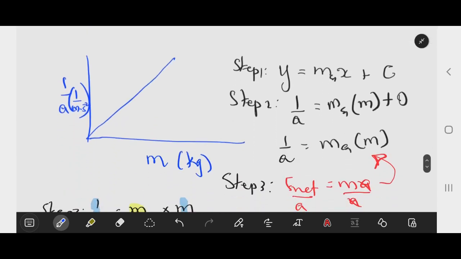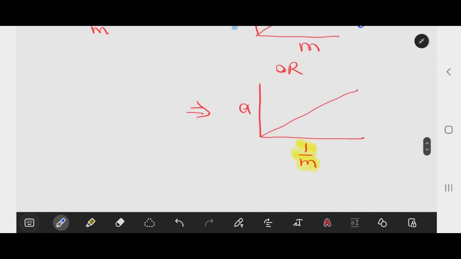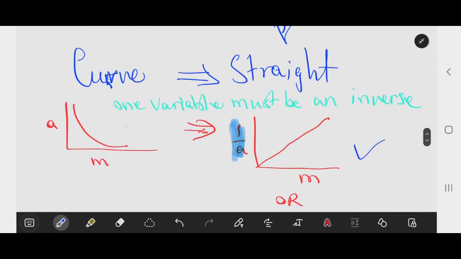So that is the graphical analysis for 1 over a versus mass of an object. We have obtained that the gradient of this graph is equal to the inverse of the net force.